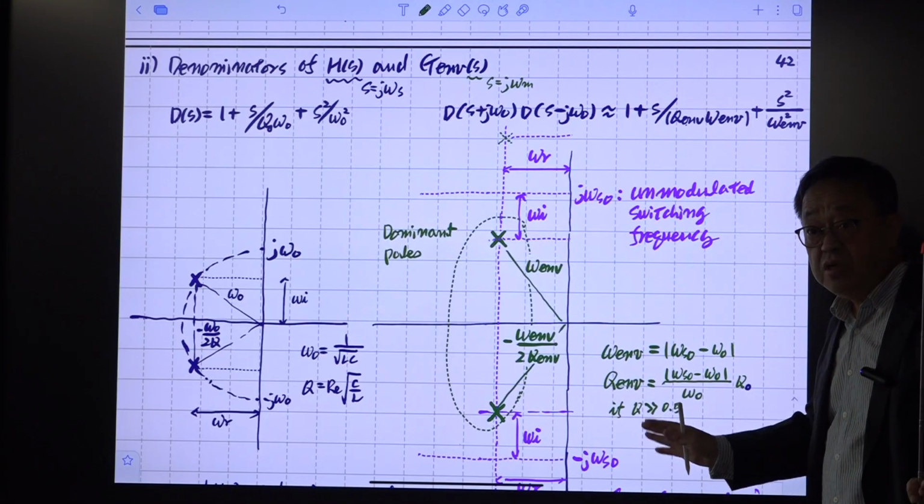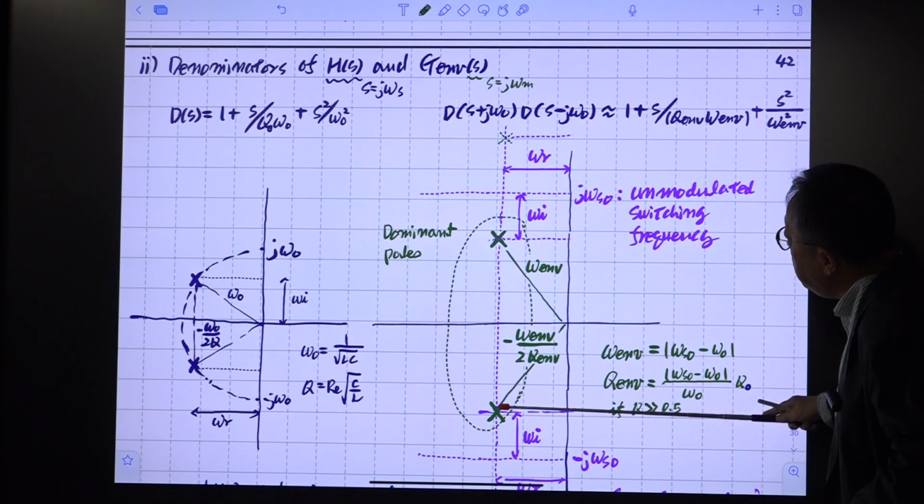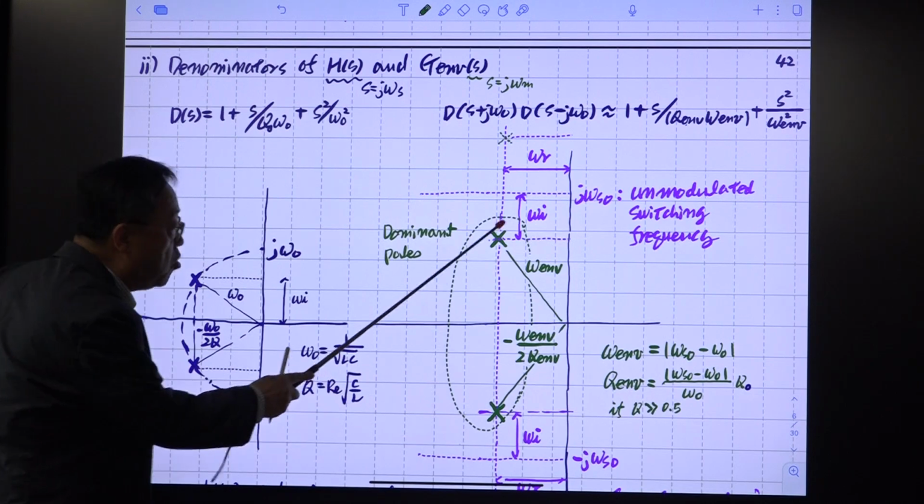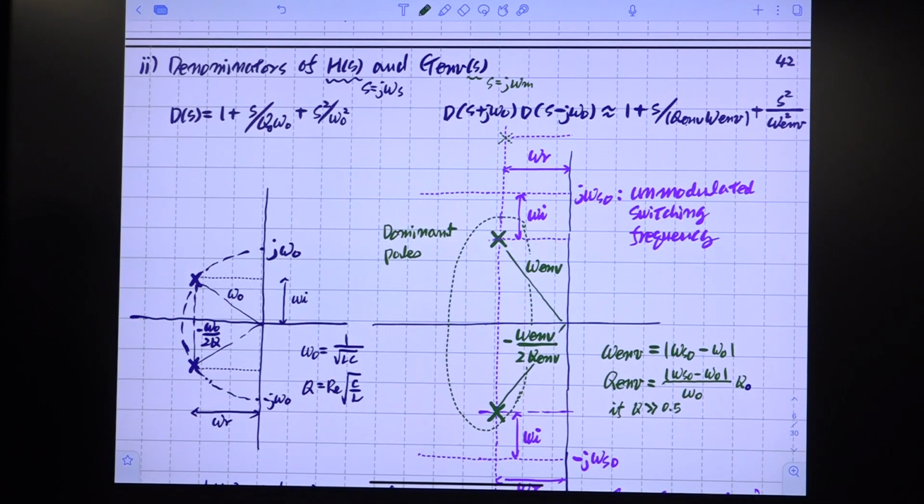We ignore this. We just take two of them. Originally we have two poles, and also we have two poles here. This is an approximation. We are ignoring the high frequency dynamics and only taking the dynamics of these two dominant poles. And the dominant poles are located here.